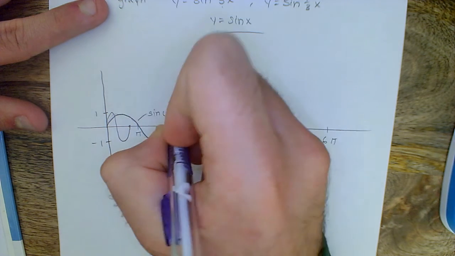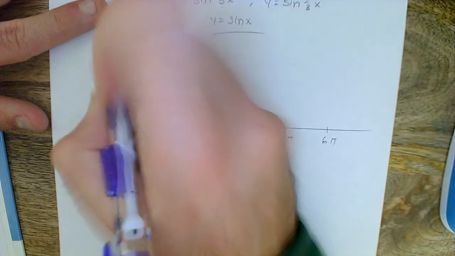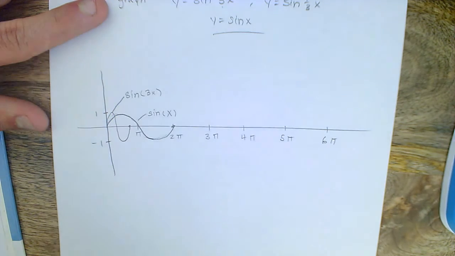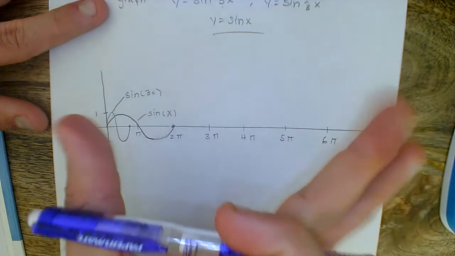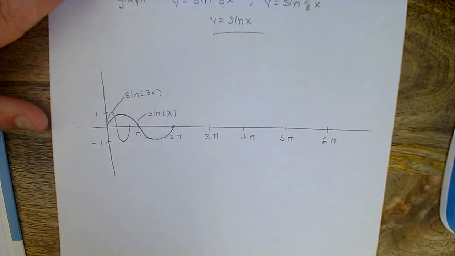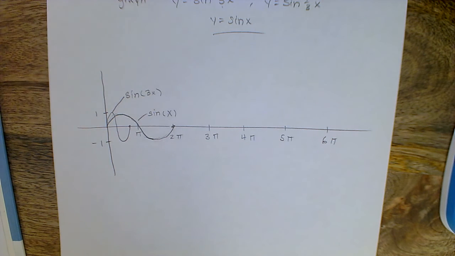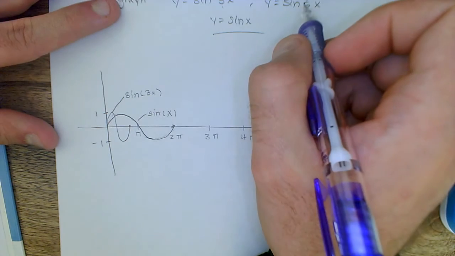This one right here is sine of x. This one is sine of 3x. So what the b value does is shrink or expand your cycle length, or the period of your sine or cosine graph.